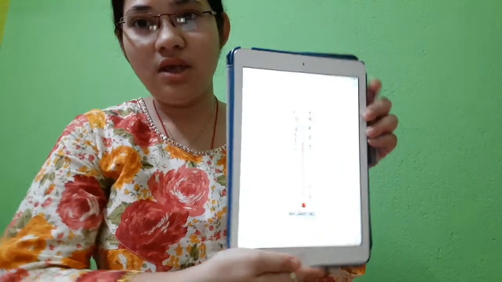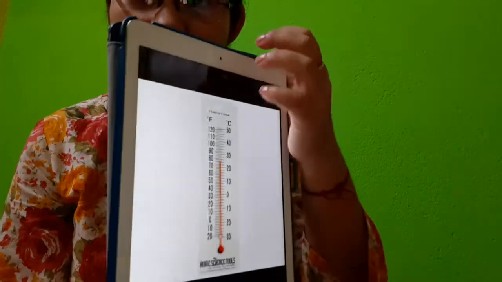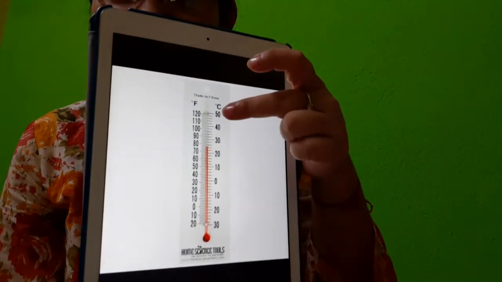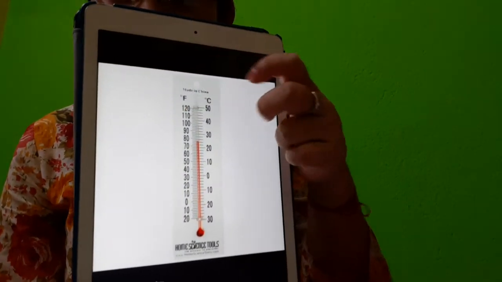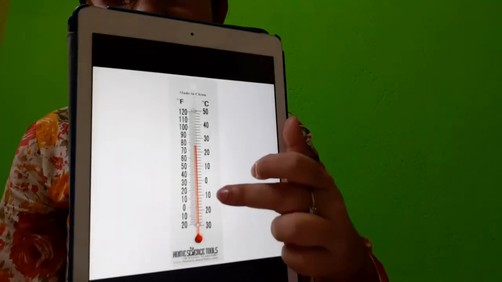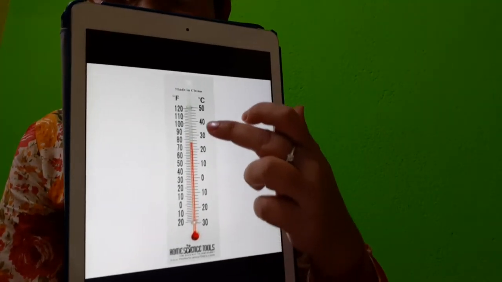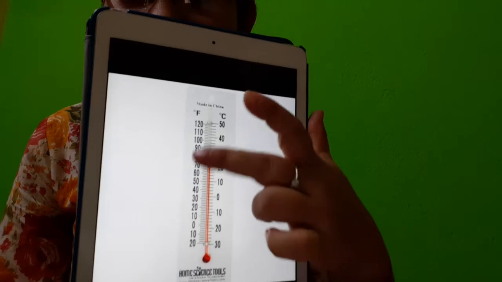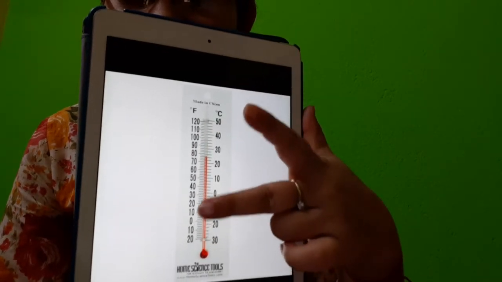Here we have done some conversion. Now I would also like to show you some different types of thermometers. If you can see here, this side is degree Celsius, this side is Fahrenheit. In case of degree Celsius, see 0, 10, 20, 30, 40, and in case of Fahrenheit, these are the graduations.